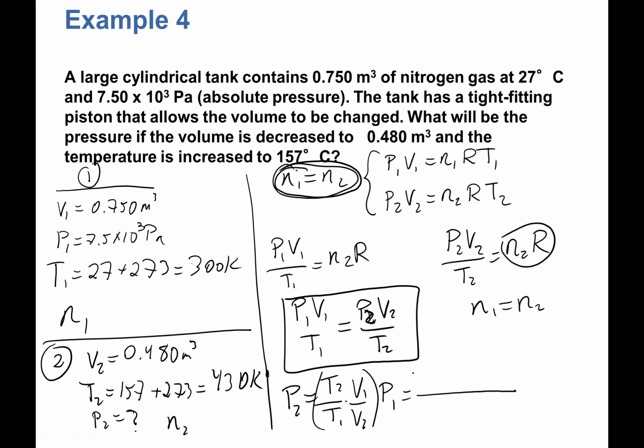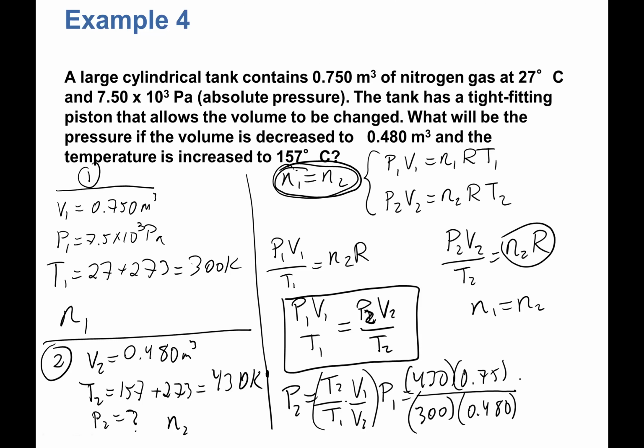So T2 is 430, V1 is 0.75, T1 is 300, and V2 is 0.48.